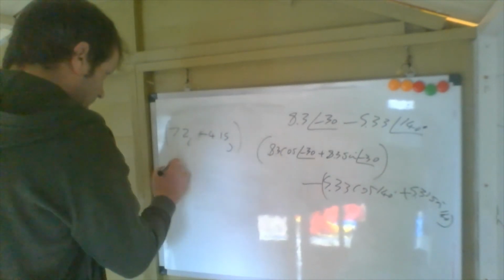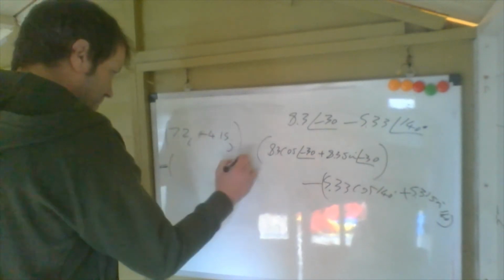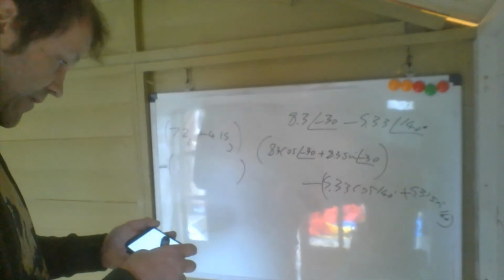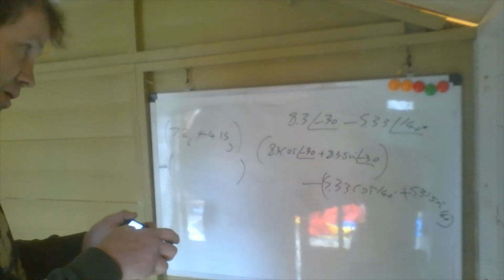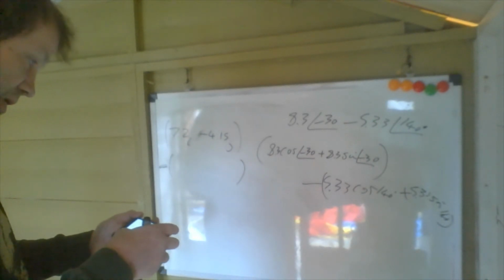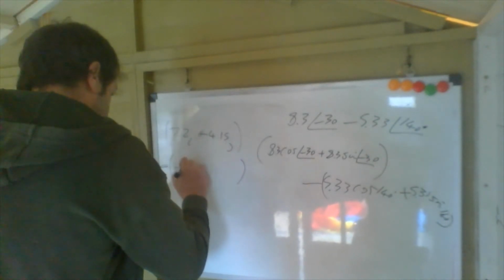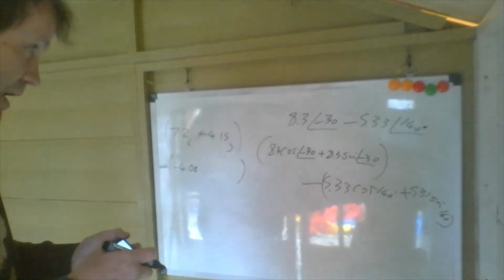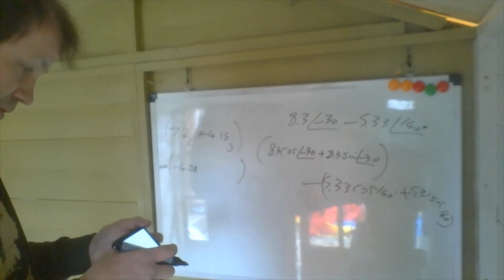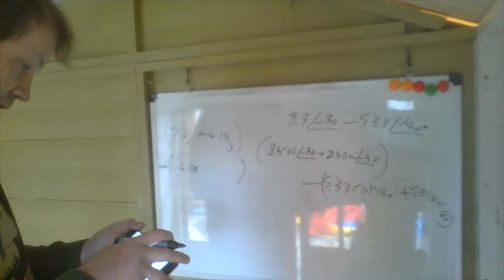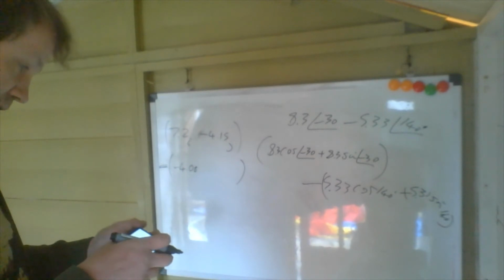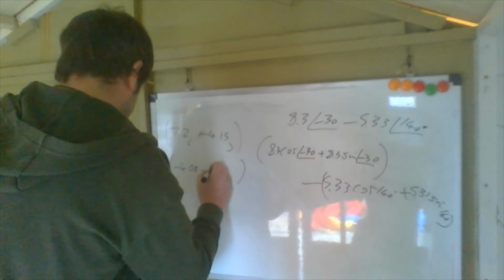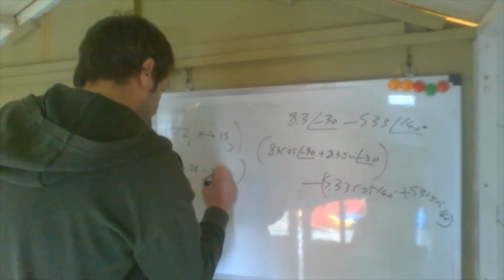Now we're going to subtract this from it. It's 5.33 cos 140, that's minus 4.08, and 5.33 sine, yes, that's minus 3.42 j.